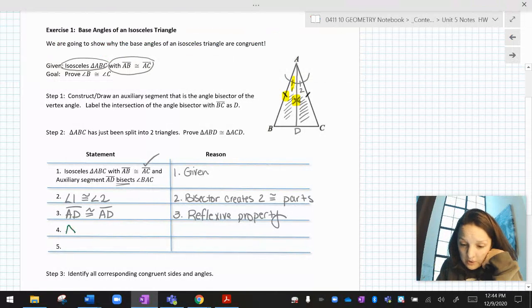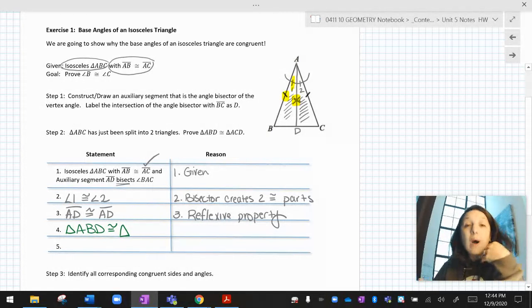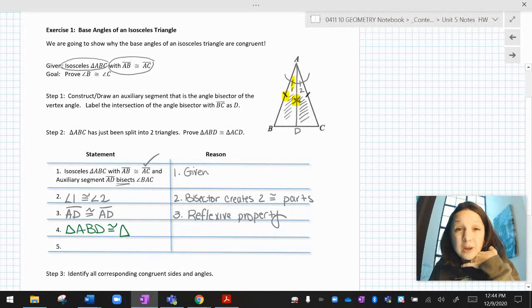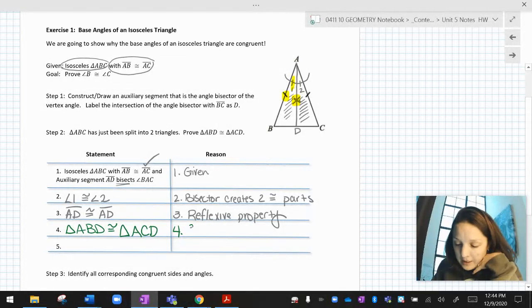So now I know that triangle ABD is congruent to, now I'm making this triangle statement myself, so I got to make sure I do the order right. So ABD would match up with ACD, and I know those are congruent by SAS.